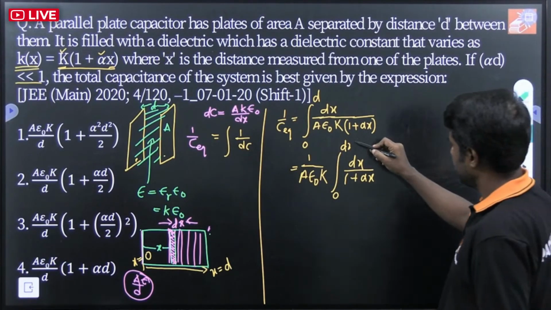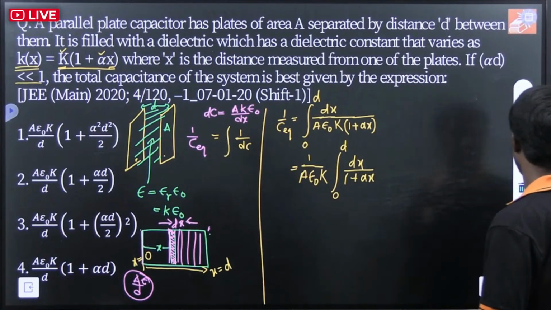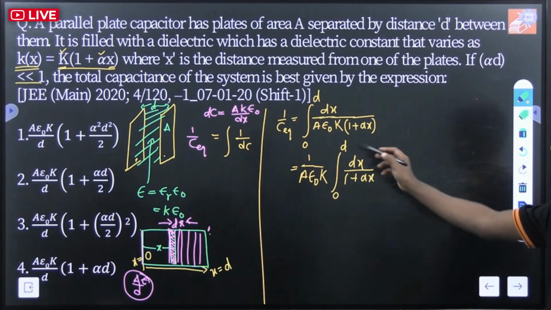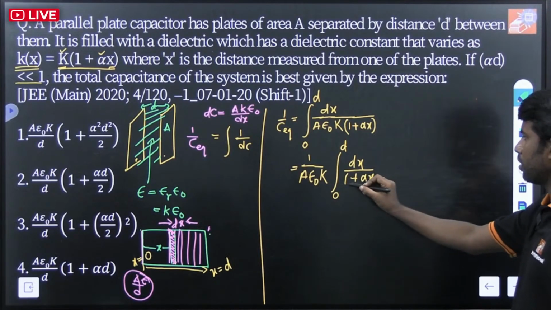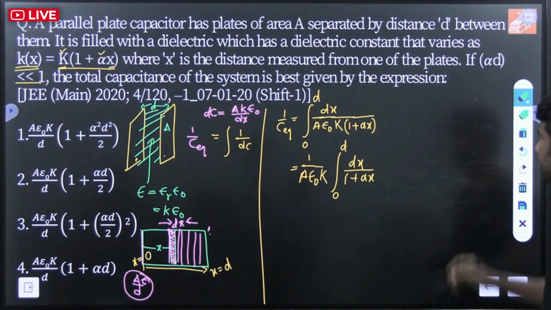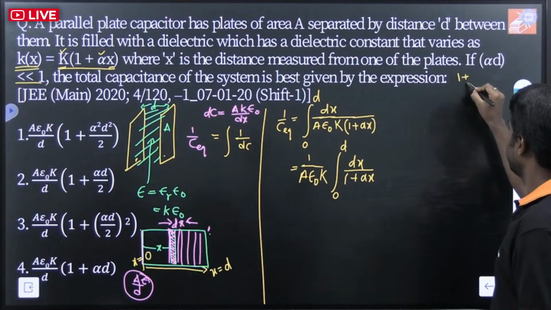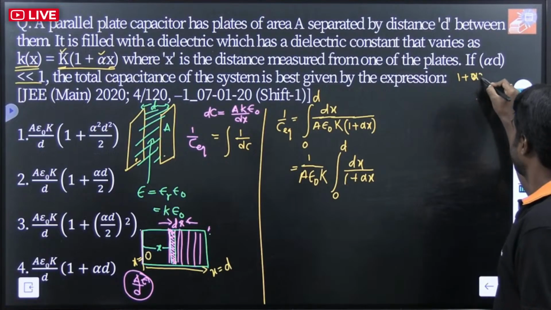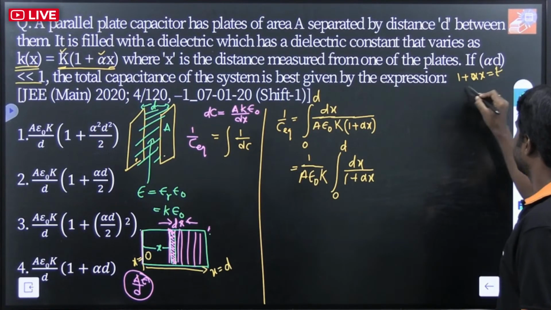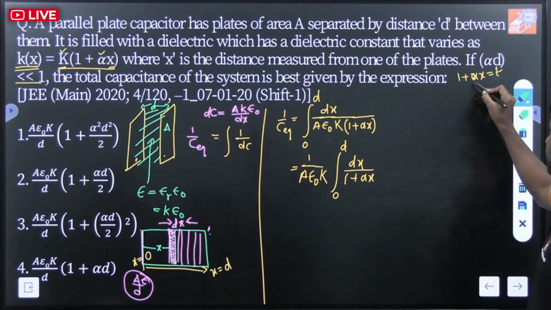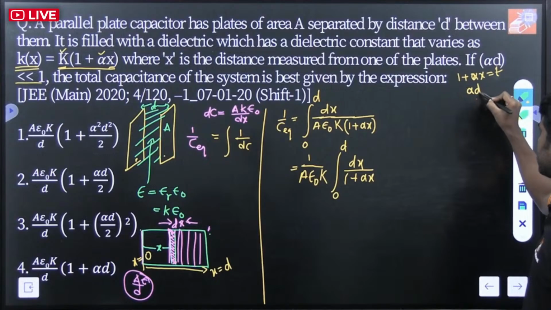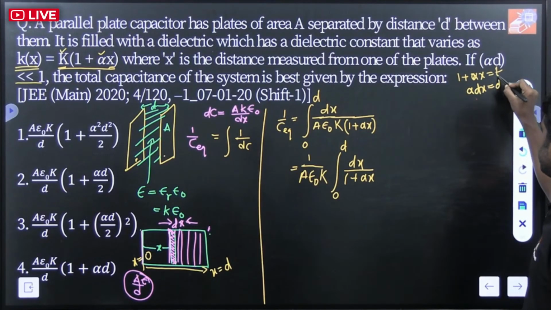Some students may know the direct formula, but if you forget it, we can consider 1 plus alpha x equal to t. Differentiating, we get alpha dx equal to dt.